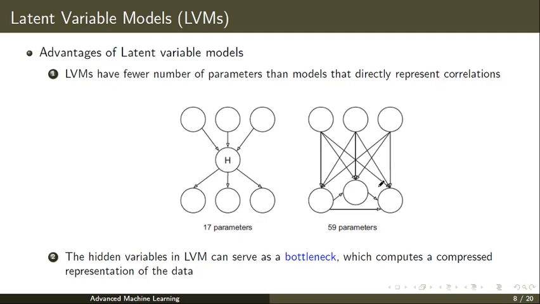But if we represent the correlations by connections with all the edges, then it requires a large number of parameters. So latent variable models have fewer parameters, and that is one advantage because we normally use these graphical models or latent variable models with very high dimensional data, which means a very large number of parameters.